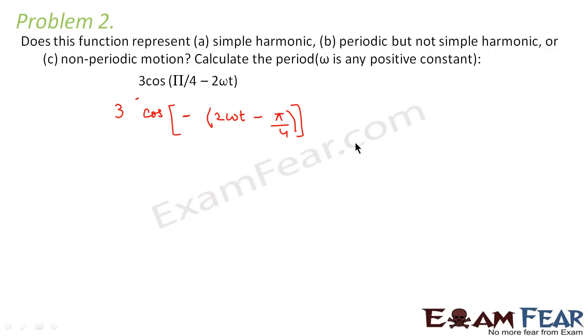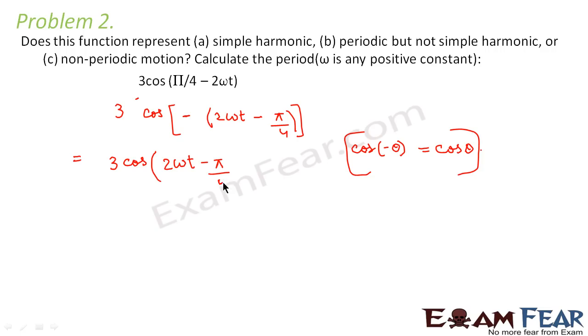Now we know that cos of minus theta is equal to cos theta. Using this fact, we can say that this is equal to 3 cos of 2 omega t minus pi by 4.